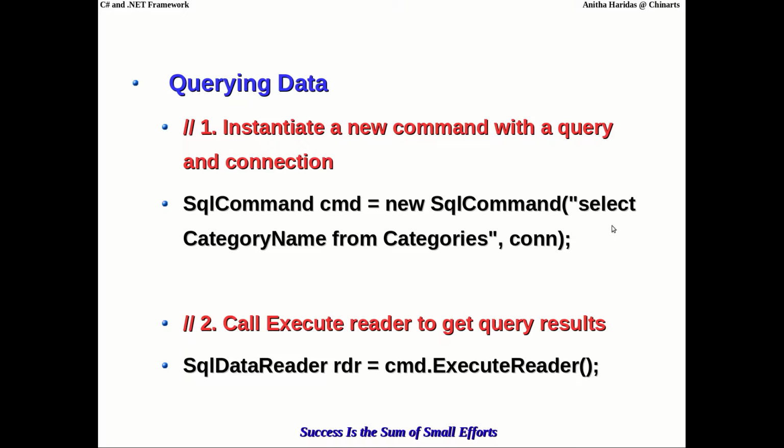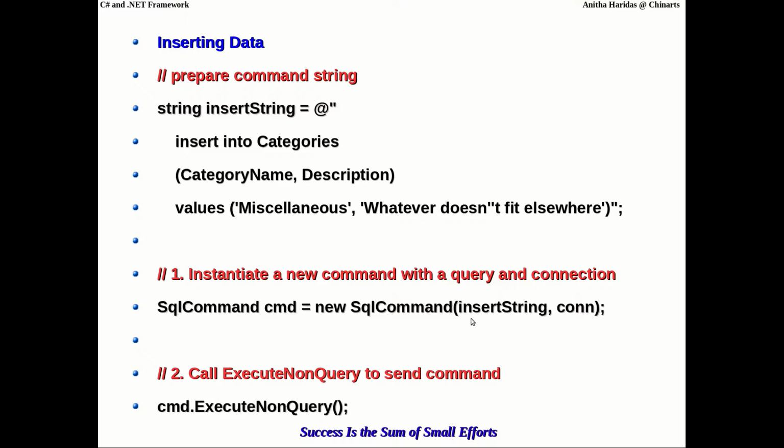In the first case, the SQL query is given directly as the first argument. The connection object is given directly as the second argument in the SQL command. In the second example, the query is created as a string variable or a string object. Then you passed the string object and the connection object.